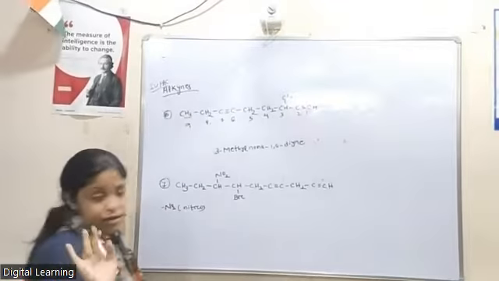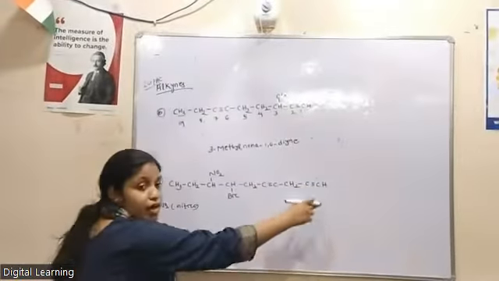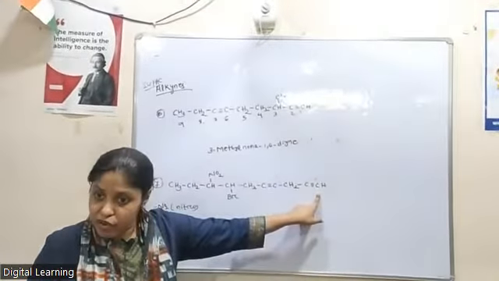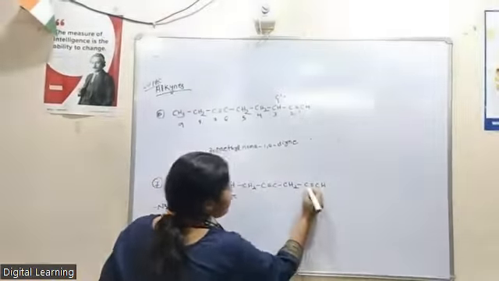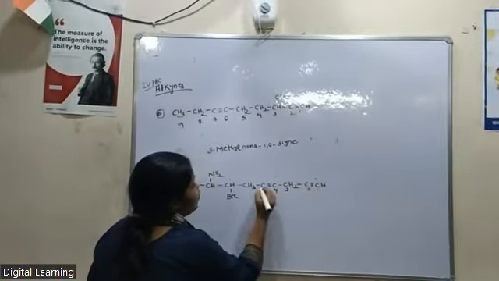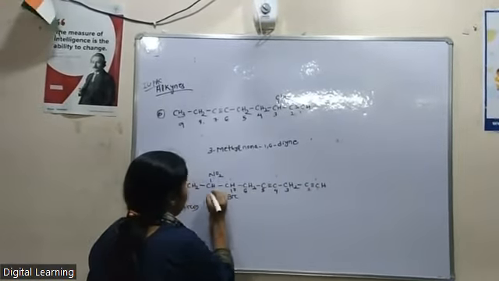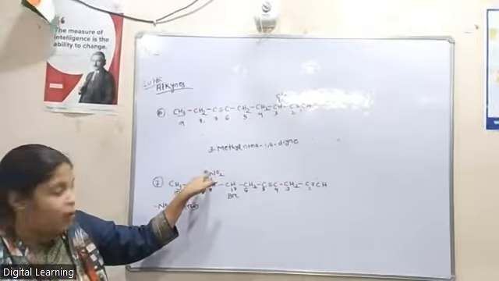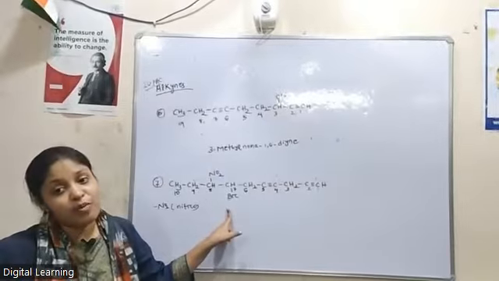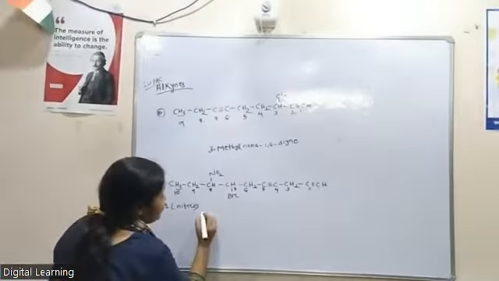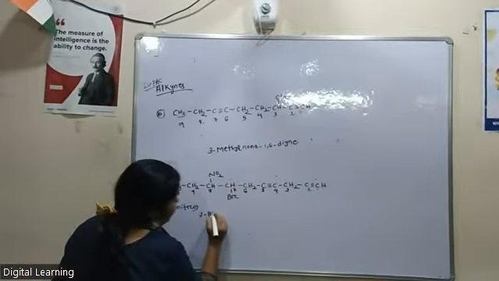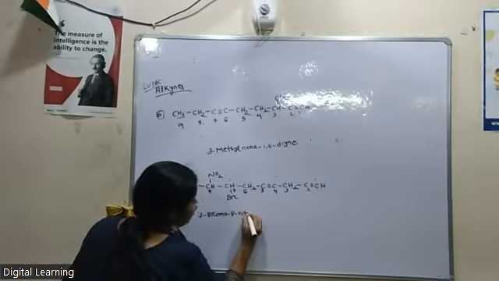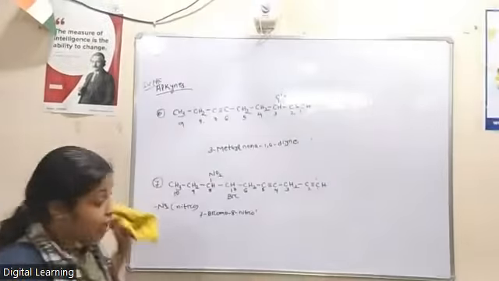Counting will be done from this direction because here there is a terminal alkyne group. 1 2 3 4 5 6 7 8 9 10. So here there is nitro and bromo. Alphabetically, bromo comes first: 7-bromo, 8-nitro, deca.